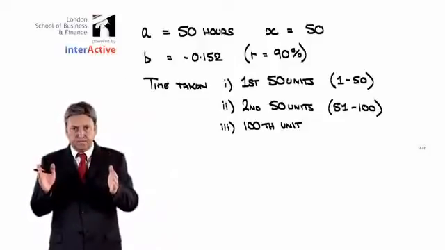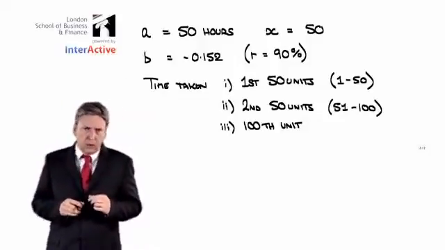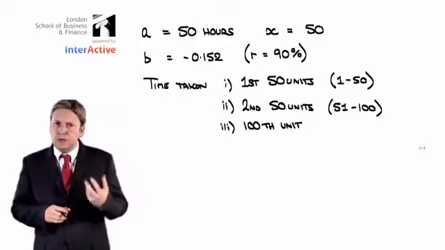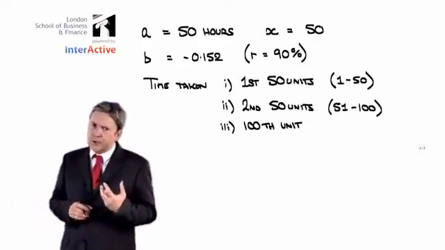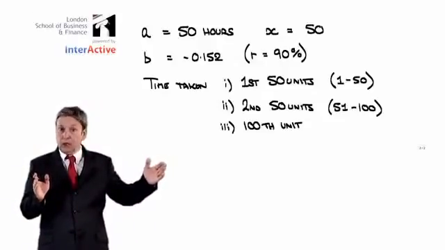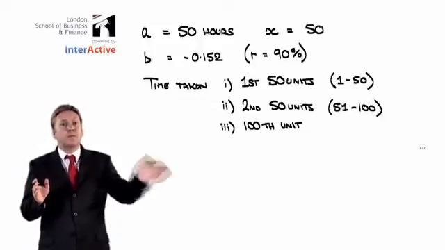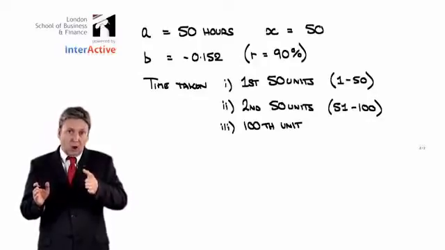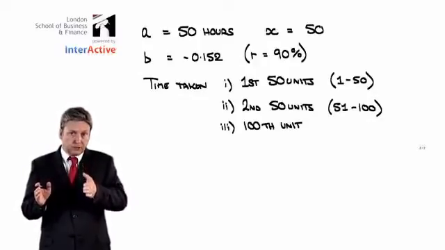X equals 50. But remember how learning curve works. If we're looking at the time taken for the second 50 units, the only way we can do that is to establish total time for 100 units, at the end of cumulative production, minus total time for 50 units, cumulative time to the beginning of those 50 units of production.